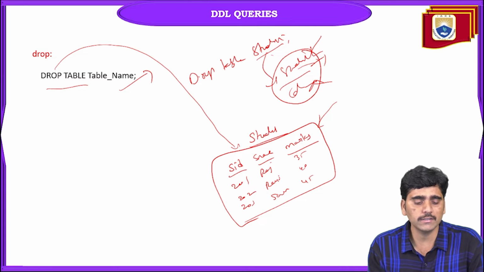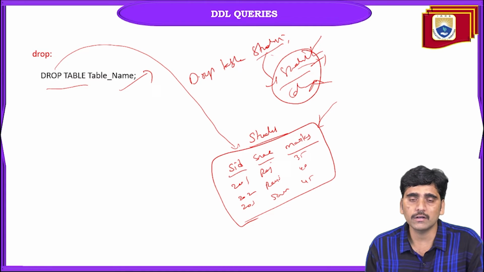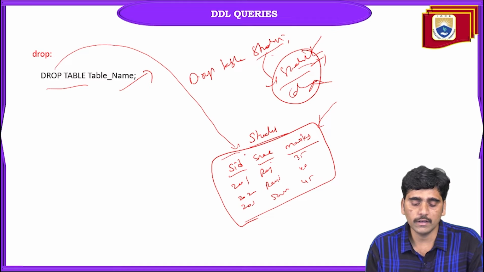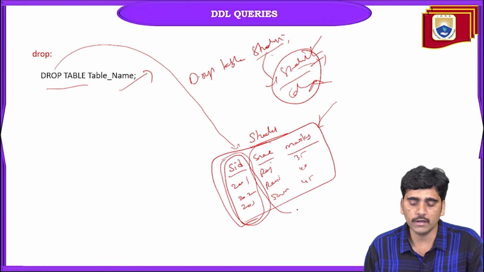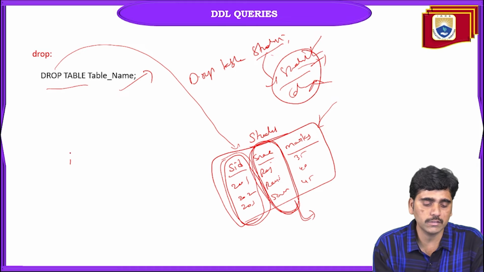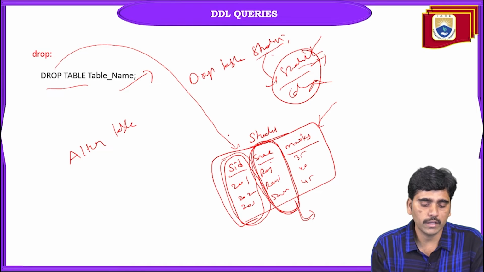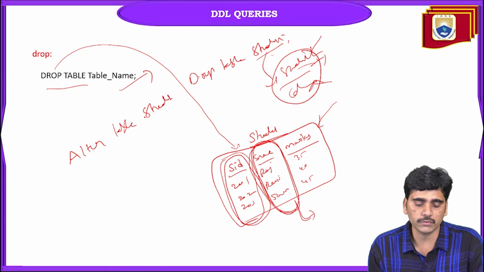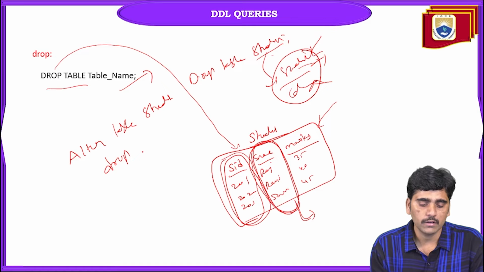And we already said that along with alter drop, we can delete an entire column also. Suppose I want to delete this entire sname column, you can use this command: alter table, table name is what? Student. Drop which column you want to drop? sname.